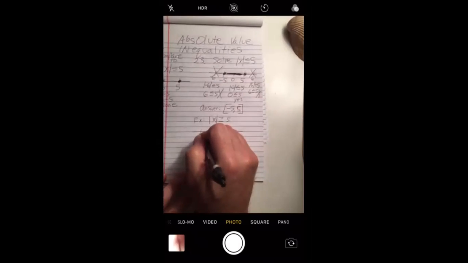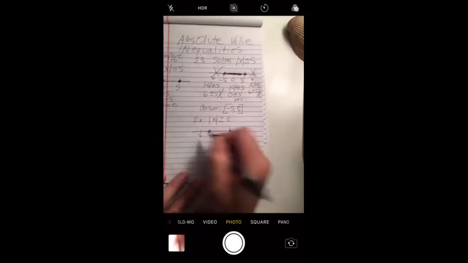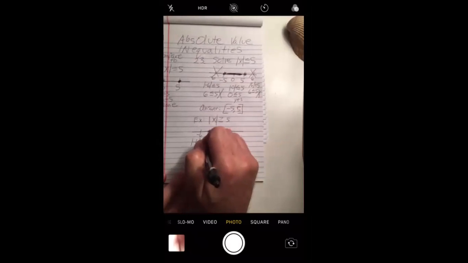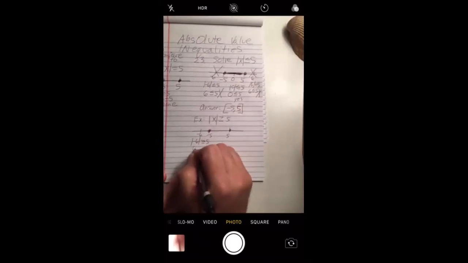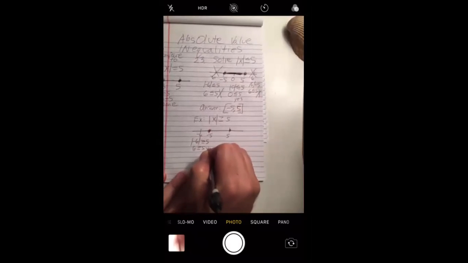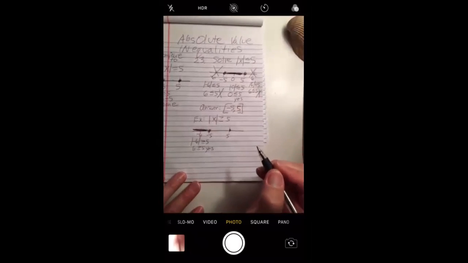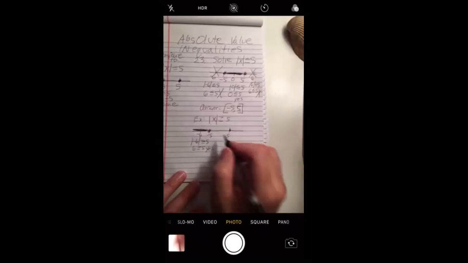But now your -6 over here, when you test it, absolute value -6, greater than or equal to 5. 6 greater than or equal to 5. Yes, this works. Can you tell the number in the middle is not going to work?